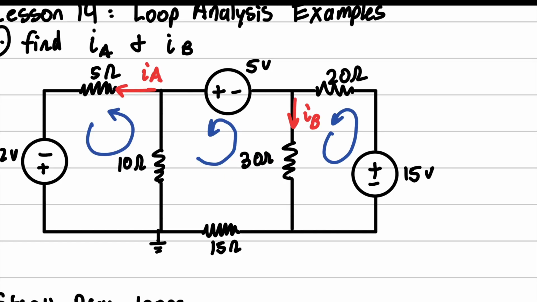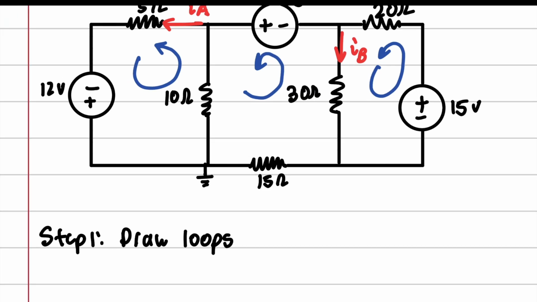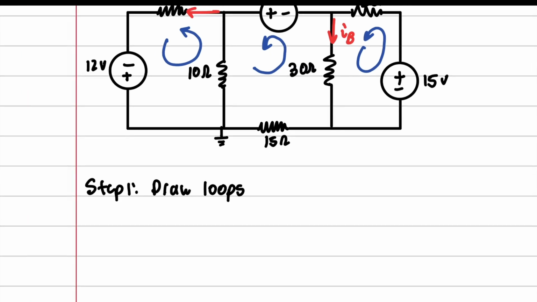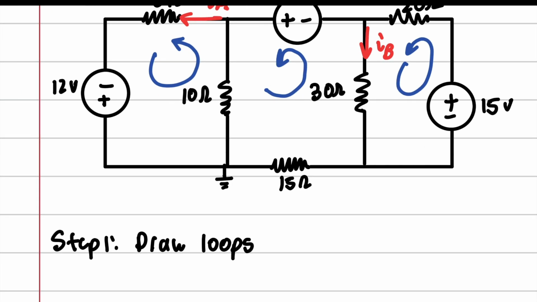The reason I'm doing that is so that we have things that are already in the direction of IA and IB. So it's just simpler to get the answer once you've calculated it all out. Oh, and we're going to label them I1, loop 1, loop 2, I2, loop 3, and I3.